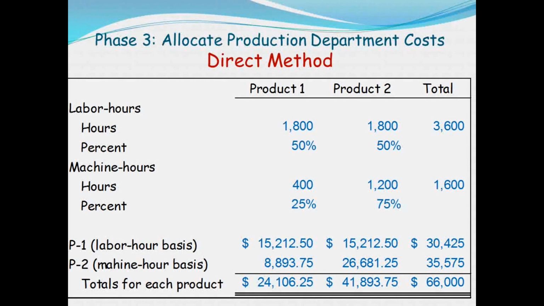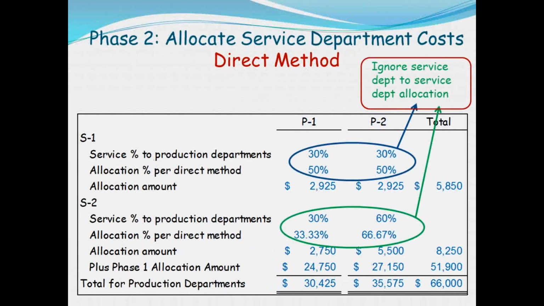Professor? Yes. So I just don't know why we ignored the inter-service allocation. So the cost will be underestimated, right? Well, we didn't completely ignore it. We ignored it from the perspective of caring about it, but it won't be underestimated because by changing this 30% to 50%, we're actually allocating all of the costs, but we're maybe not allocating it correctly.